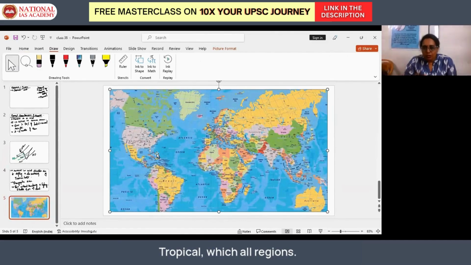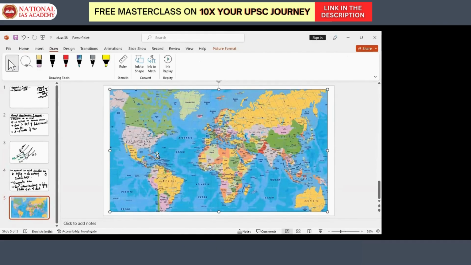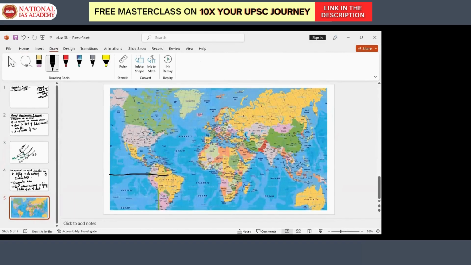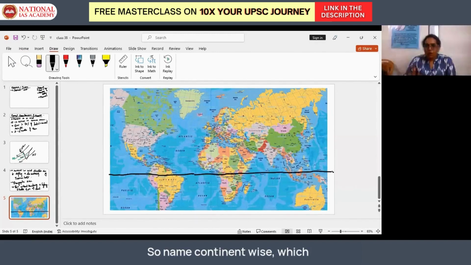Which all regions? So name continent-wise, which all continents get your monsoon? We have already done climatic classification. So see climatic classification and try to tell something.